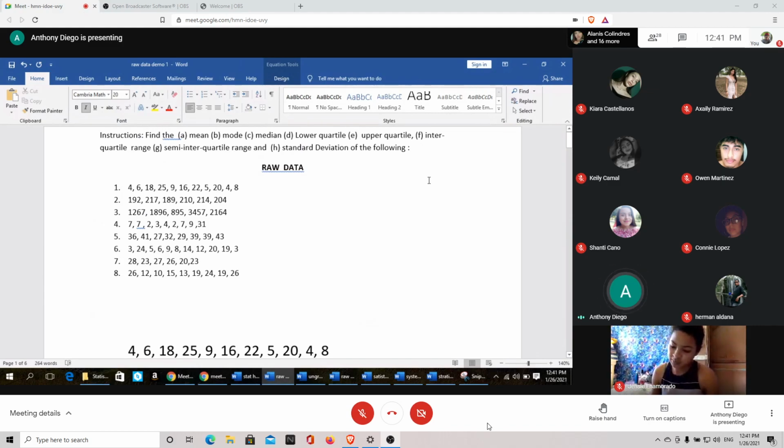Like I said, the instructions are saying find the mean, B the mode, C the median, D the lower quartile, E the upper quartile, F the interquartile range, G the semi-interquartile range, and H the standard deviation of the following. So we are looking at question number one here.